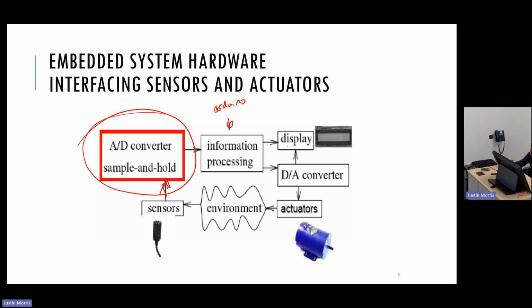And it can display some things, but if it wants to modify the environment, it's going to use this digital to analog converter. And that analog output goes into the actuator, which would then modify the environment. And because it's modified the environment, maybe the sensor is seeing something new. And we keep doing this loop, right?